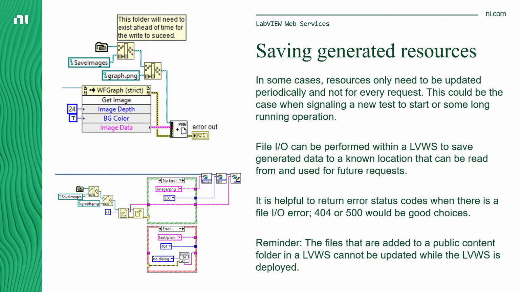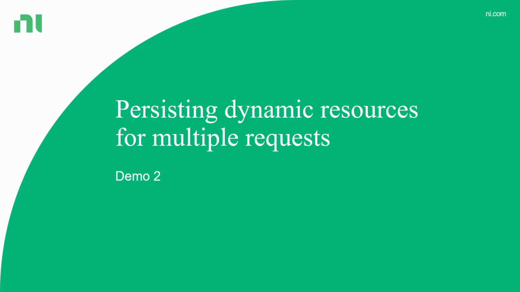When following this technique, it would be very helpful to return 404 or 500 status codes to the client so that it knows there was a problem in generating the data. This brings us to our next demo, where we'll look at how we can generate these images, but then save them to disk in a way that we can access again in subsequent requests.